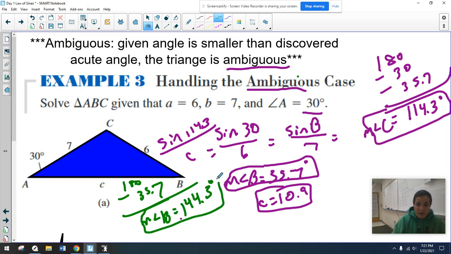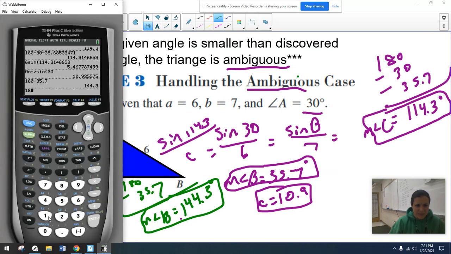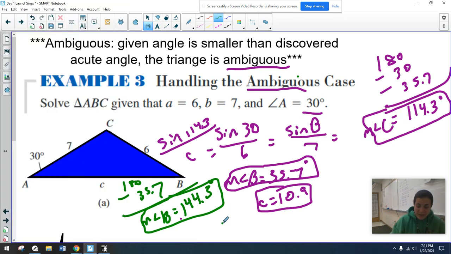So this is my other possible answer, which means I'd have to take 180 minus that and then minus the 30. I know this is super confusing. But that's why they want me to introduce it to you, so it's not super brand new when they give it to you. So that is going to give you your angle C, which is just a tiny, tiny 5.7 degree angle.